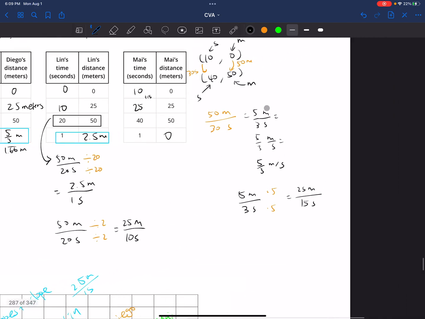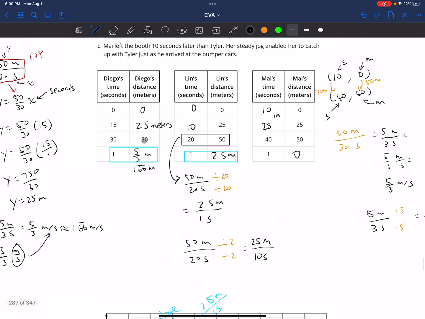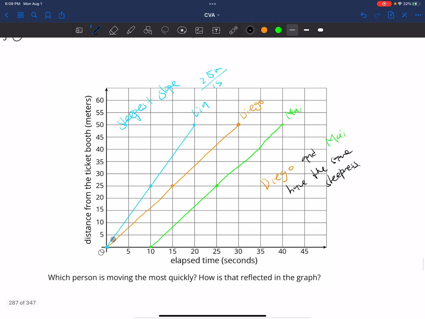But we also see right here that when we calculated it, Mai traveled at 5/3 meters per second. So Mai's speed is actually the same as Diego's speed. That is why the slope, or the steepness, of these lines is the same. Therefore, they have the same speed. And my handwriting is horrible. But that's basically what that means.